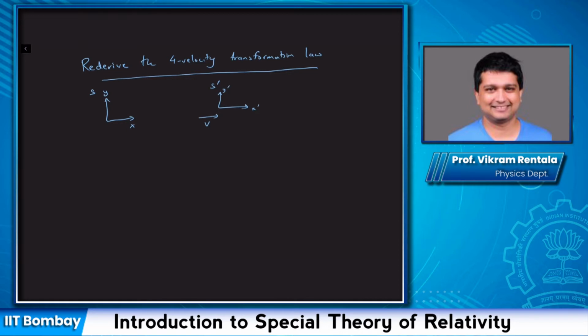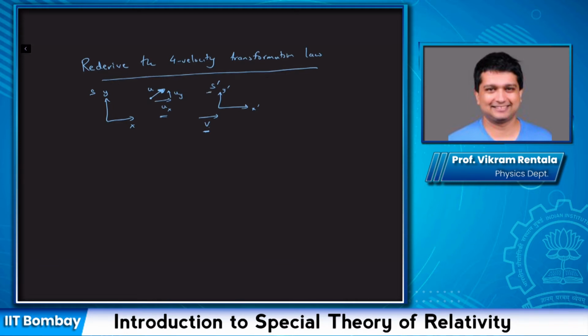Previously, we talked about how if we have a reference frame S with, let's say, axes x and y, and we have a different reference frame S prime, which is moving with respect to the reference frame S, and suppose we have a particle which we observe in both reference frames, and in reference frame S, this particle has a velocity with magnitude u and components ux and, let's say, uy.